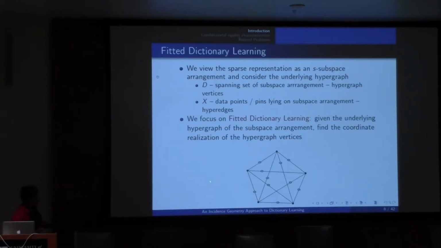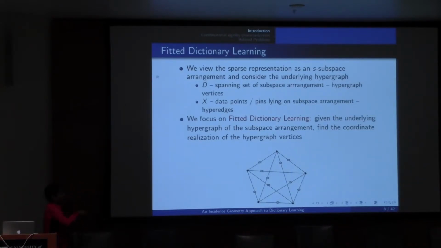If you think of the dictionary as the columns of a matrix, you're trying to find the columns, but what you're given is, for each data point, which subset of columns that data point is a linear combination of.